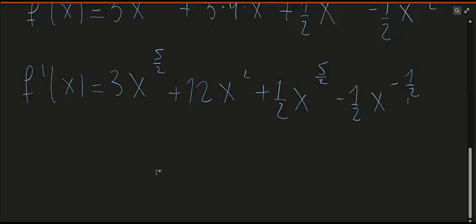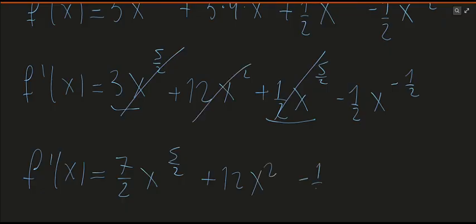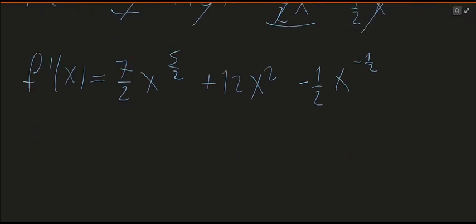The only two powers of x that are identical in power or exponent are these two. So you basically have f prime of x is equal to 3 plus 1/2 makes 3.5, which is 7/2, x to the power of 5/2. Those are over with. Plus 12x squared, over and done with. Minus 1/2 x to the power of negative 1/2. Over and done with. This seems like a very legitimate, beautiful final answer to put in a box.